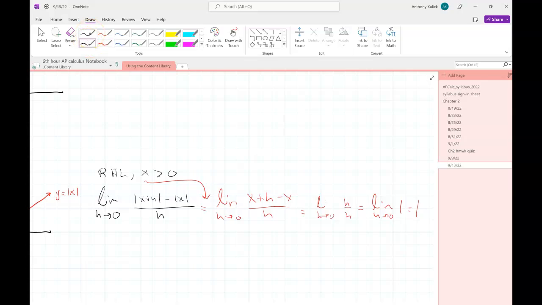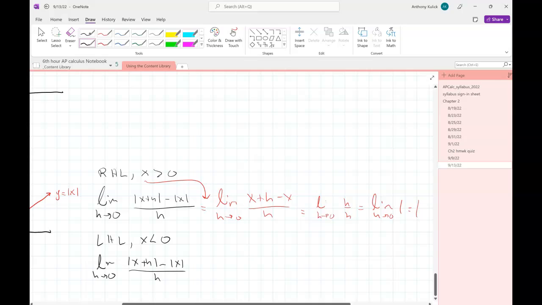But that's not what we want to do. And then if we look at the left-hand limit, that's the case where x is negative. If I do the same thing, what do I get here?